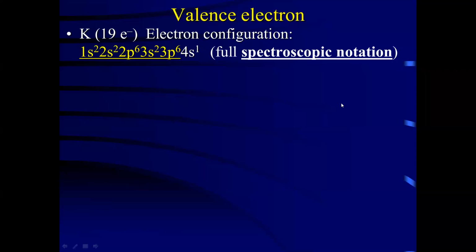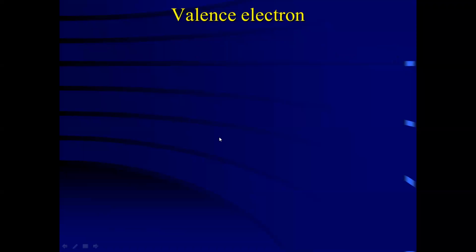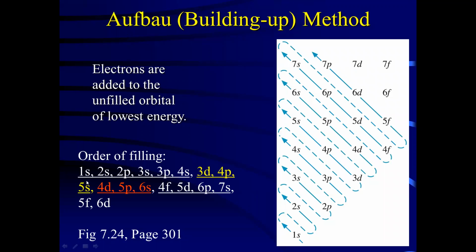For example, if we do building up for potassium, we look at the periodic table and find potassium has 19 electrons. Then we follow the sequence we learned before to fill in the electrons from the low energy orbitals to higher energy orbitals.